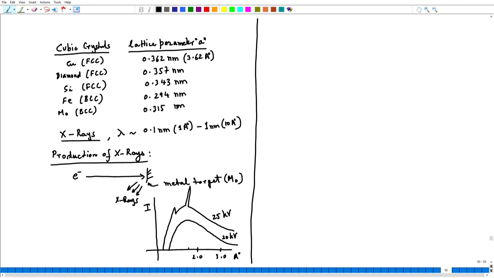Maybe out here is about 1 angstrom. So, when I increase the potential from 20 kilovolts to 25 kilovolts, we start getting what is called characteristic radiation.